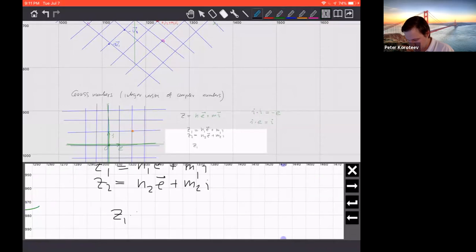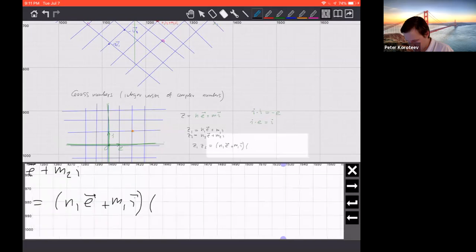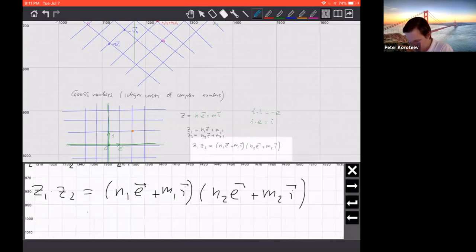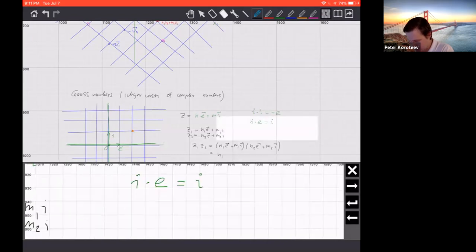I'll write it down. Then you open up the parentheses. And E times E is E also, right? So it's just the same.